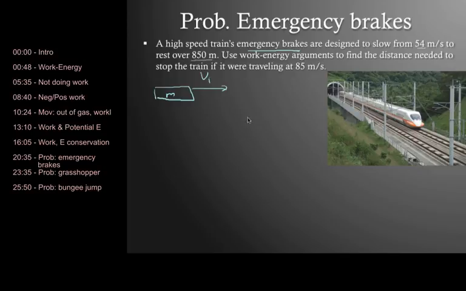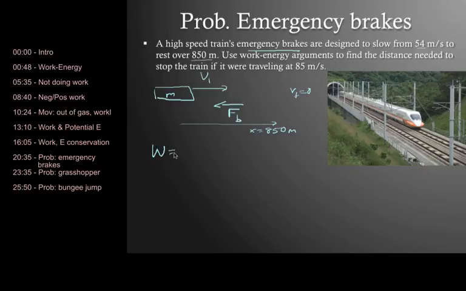So what do the brakes do? So the brakes are slowing this guy down. So that means that the force has to be back, pushing against this speed. And then the final case is going to be it's at rest. So the displacement that this thing takes is this 850 meters.